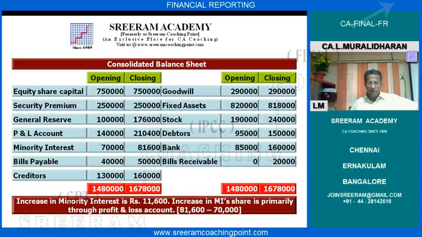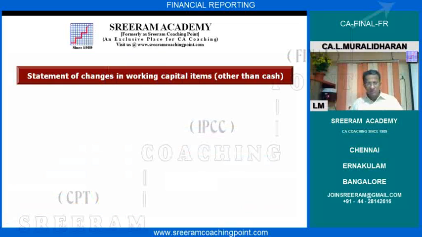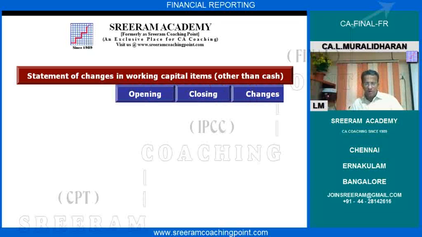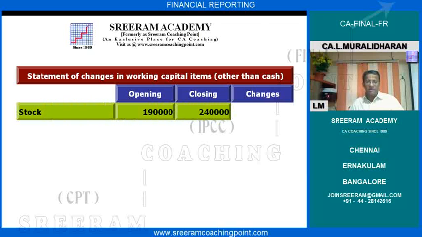Look at your minority interest, from 70,000 to 81,600. That 11,600 increase is only through profit and loss account, and that is the way we have taken it up. It might have been accounted on account of general reserve also, but general reserve is also routed through profit and loss account. So as we normally do for the statement of changes in working capital, the same thing we have done, opening and closing.